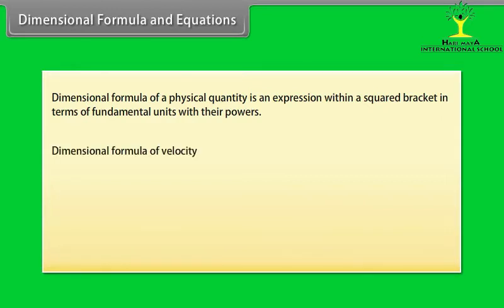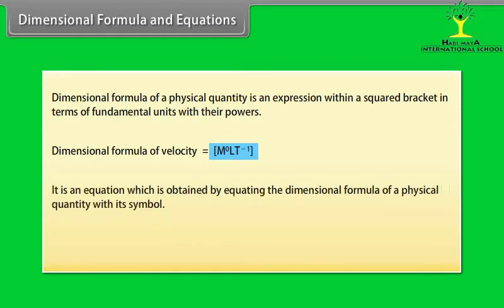Dimensional formula of velocity is [M^0 L T^-1]. A dimensional equation is an equation obtained by equating the dimensional formula of a physical quantity with its symbol. Let us take an example. Dimensional equation of velocity is V equal to [M^0 L T^-1].